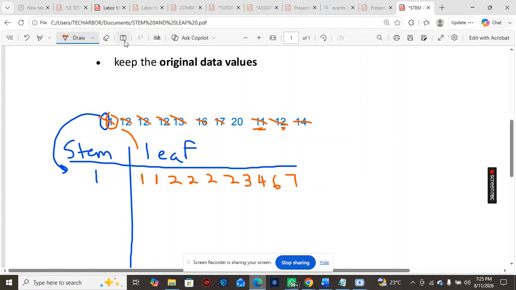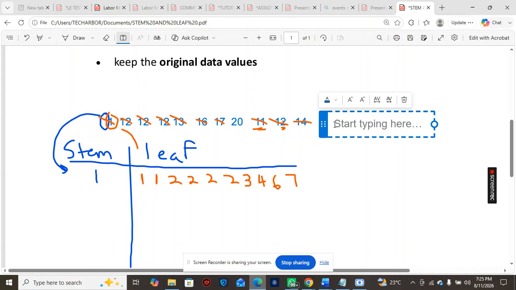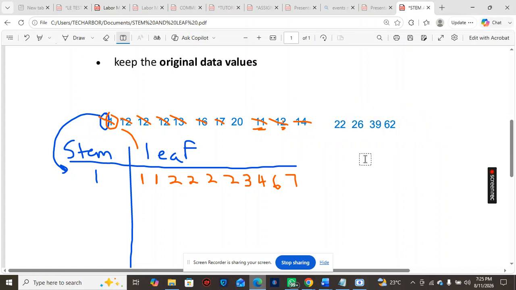Then we have 20. Then we have those other numbers: 22, 27, 26, 39, 40, and 62. So next we have 20.